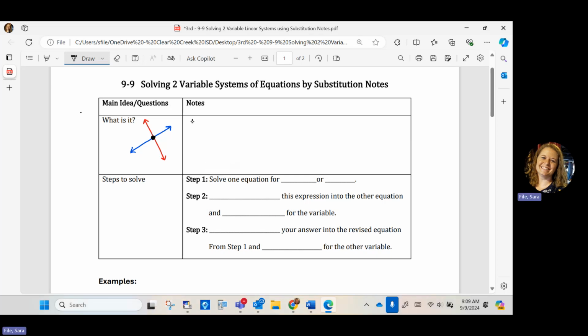The point where the lines intersect is the solution to the system of equations.